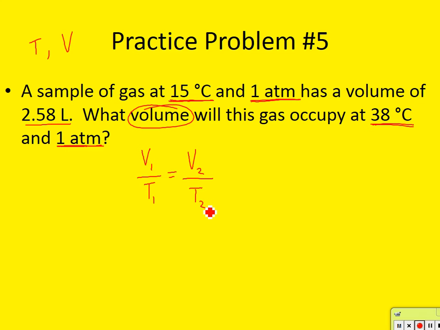Okay? Now that we know we're going to use Charles' law, one of the best things that you can do first is switch your degrees Celsius here to Kelvin. So let's do 15 plus 273. And that will tell you what it is in Kelvin. 288 Kelvin.